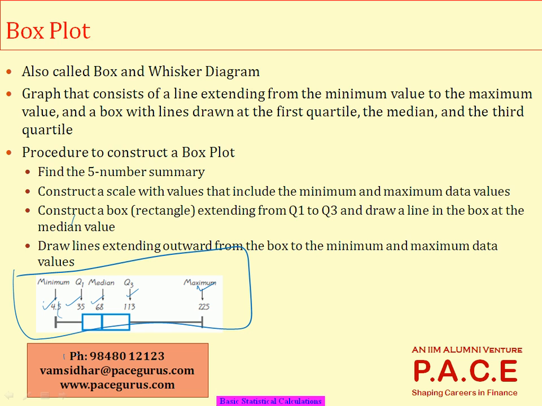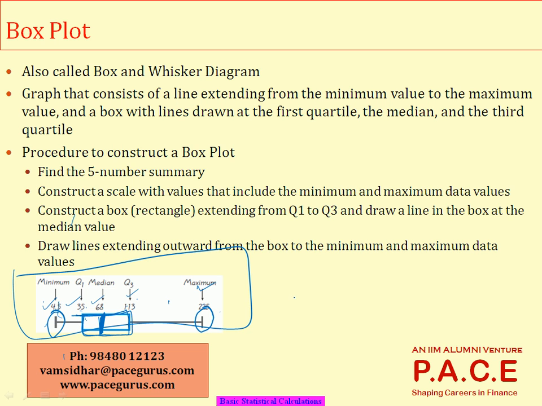We create a box between Q1 and Q3, and the median is drawn as a line within that box. The minimum is plotted with a horizontal line, and the maximum is plotted with a line.